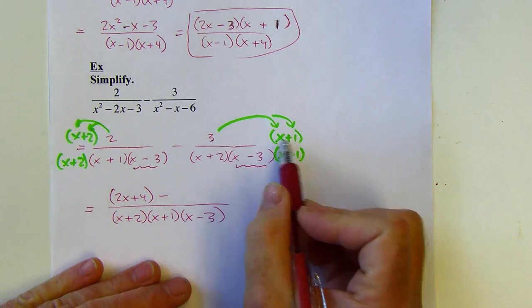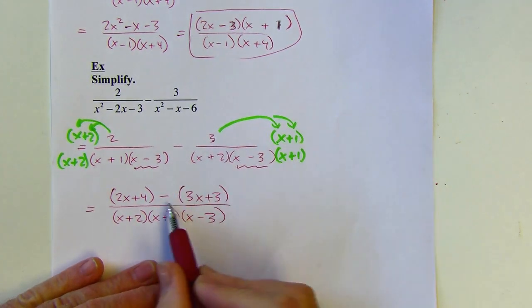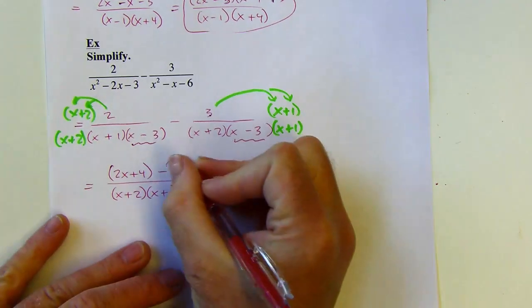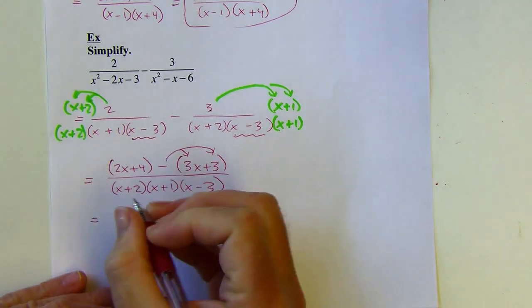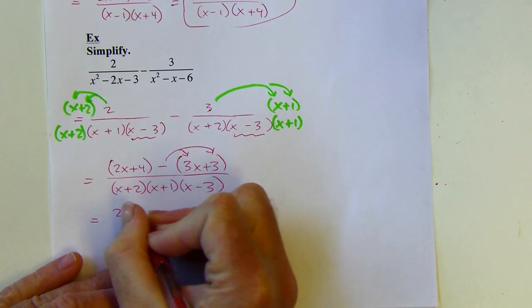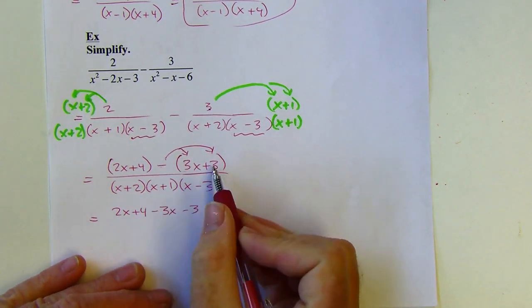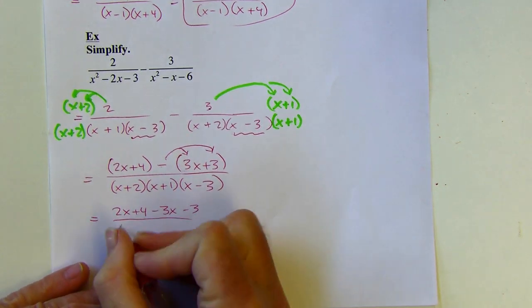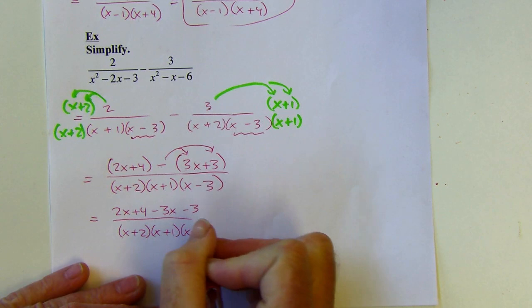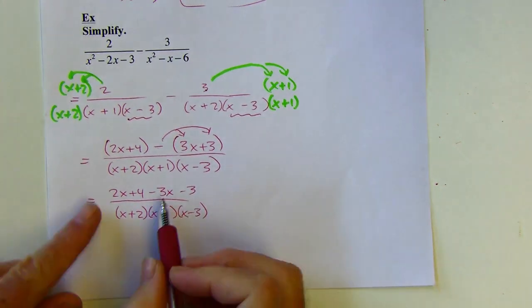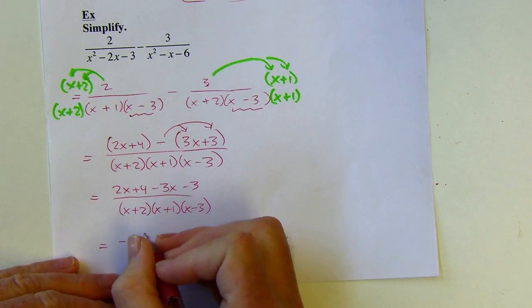So this is 3x plus 3, but I'm subtracting that whole second numerator. So that means I'm going to have to distribute the negative there. A lot of times people will forget to distribute the negative to that last term. Okay, I can clean up the numerator now. So 2x and negative 3x gives me negative x. 4 and negative 3 gives me 1.